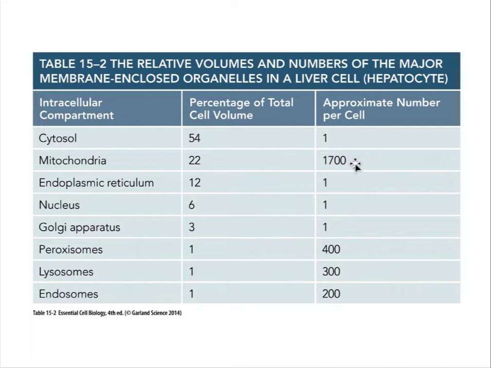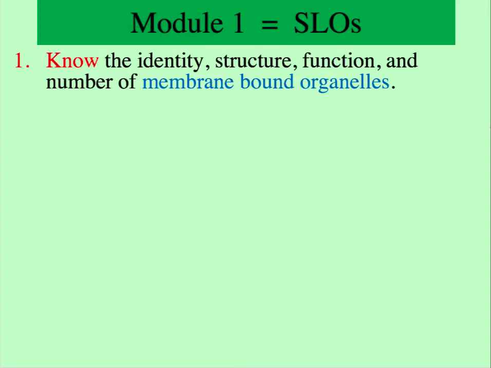And the number of mitochondria is huge, 1700, because this is a very active cell and it's generating lots of products, so it needs a lot of energy. So students may think a typical cell has a few mitochondria, but they would be mistaken. 1700 is a huge number. So students should pause here and see if they can relate to this learning objective.